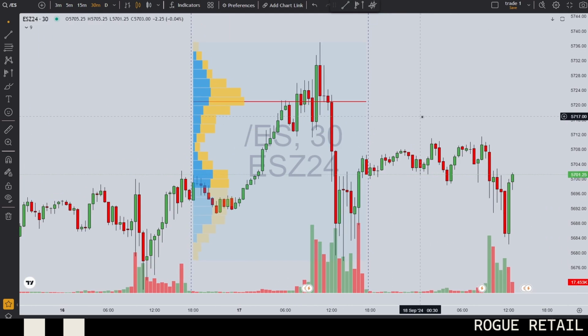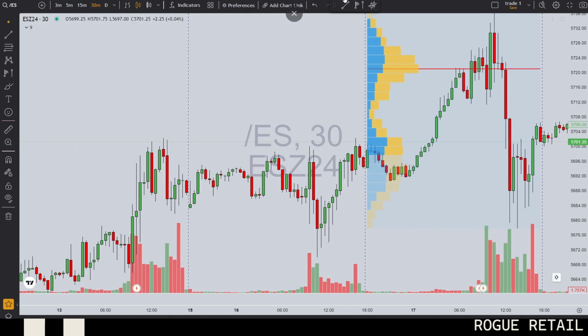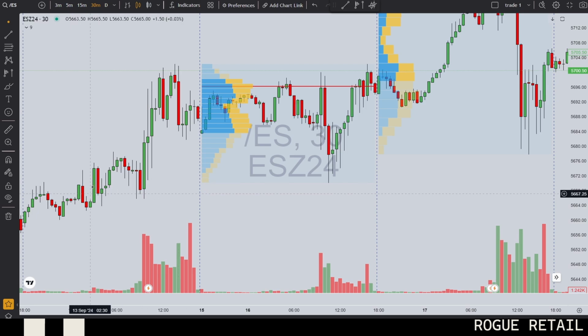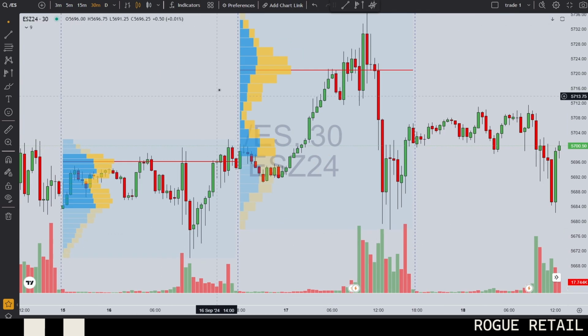This tool in particular will sort of tell you with the mean line how much trading happened around particular portions of the day. They might hit that particular POC multiple times, so it might be a good indication to trade in and around that price, for example.